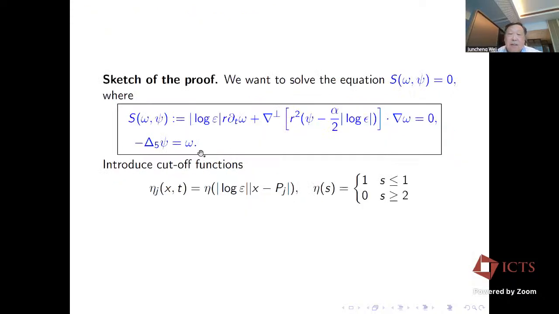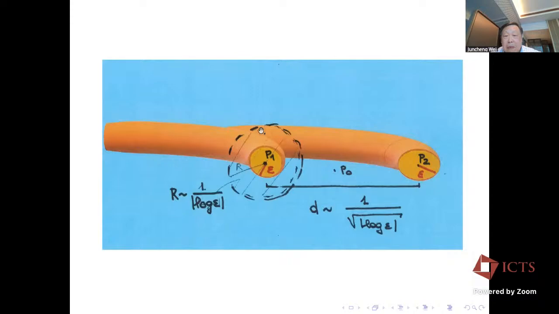So first, let's try to improve the error. Improve the epsilon. We take this as our operator, and we take a counter function like this. And this is the 1/log scaling in this structure here.